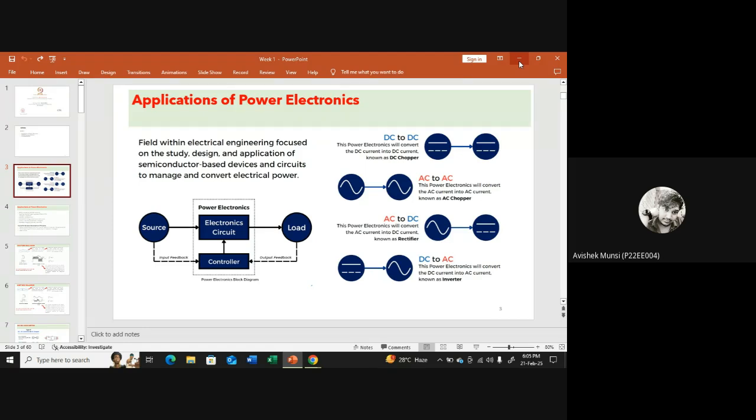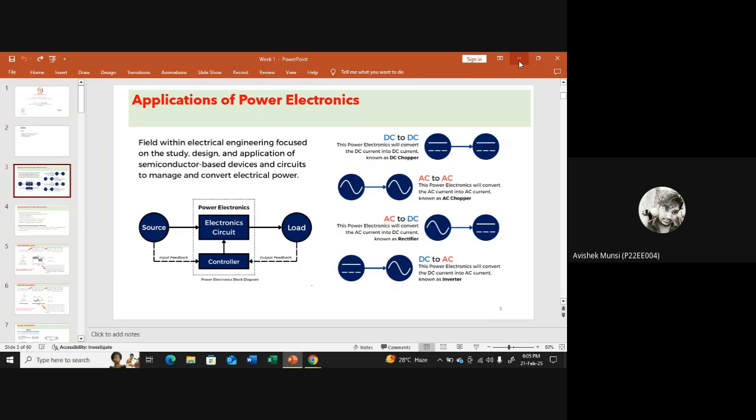It may be DC to DC. The source may be DC and the output may be DC. That kind of converters are called DC to DC converters, also popularly known as DC chopper. The source may be AC and the output may be AC. That kind of converters are called AC to AC converters, for example, matrix converter. The source may be AC and we will get a DC.